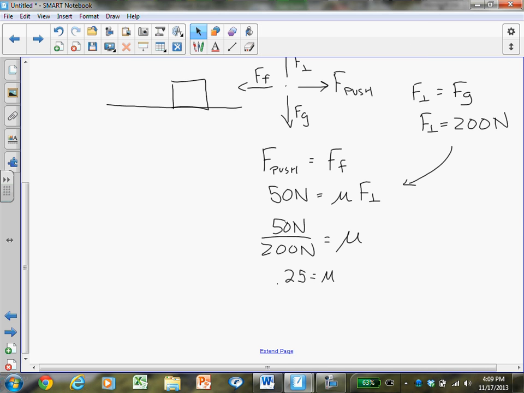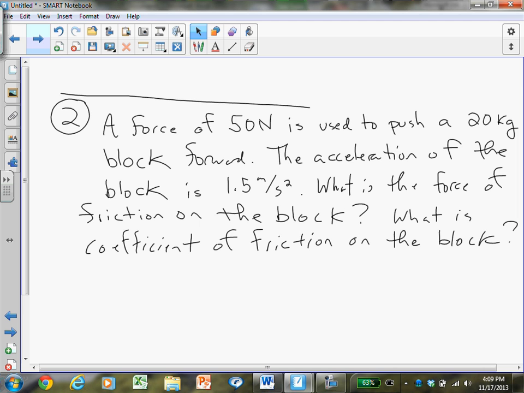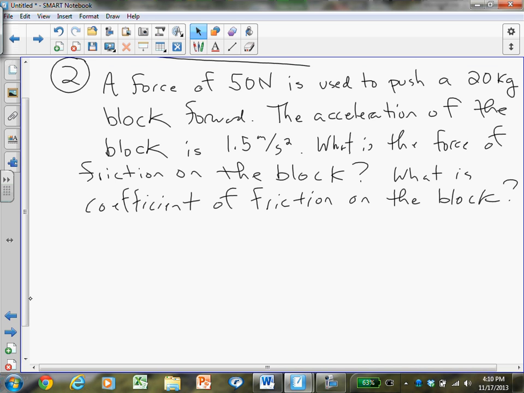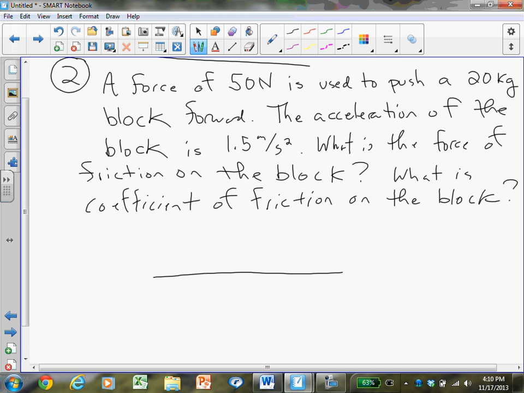Another example is a force of 50 newtons used to push a 20 kilogram block forward, but this time it has an acceleration of 1.5. What's the force of friction on the block? This actually involves the next unit that we'll do, but we'll put it in here anyways. In this case, we have a push force that's bigger than the friction force back.